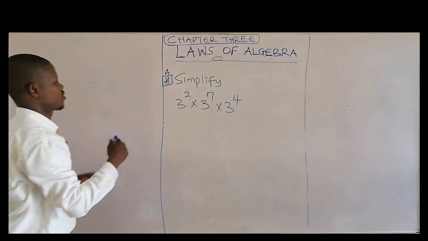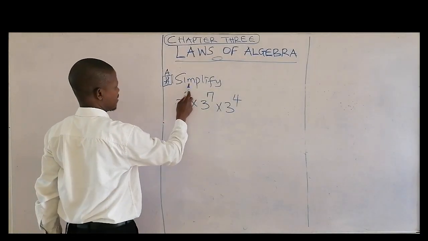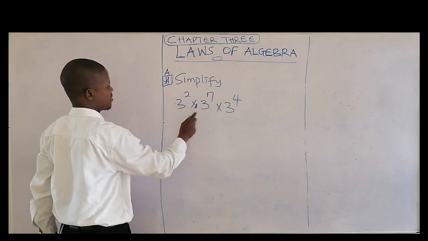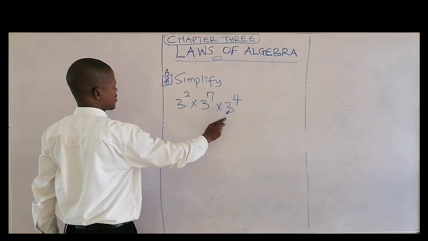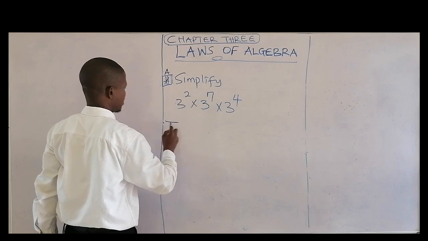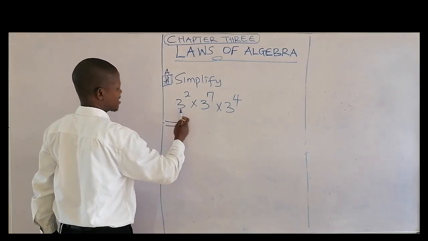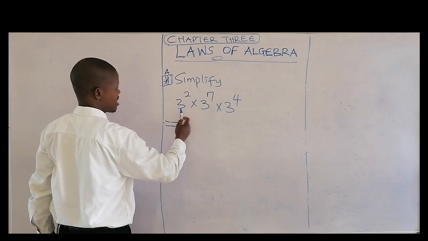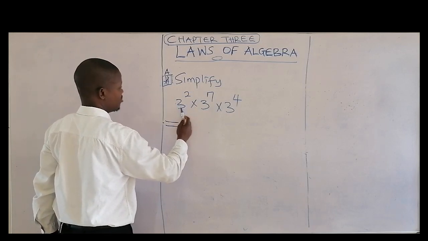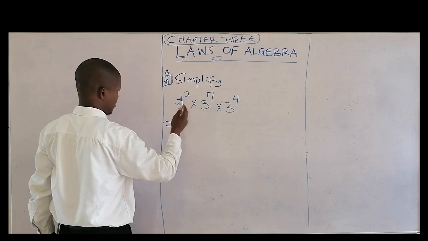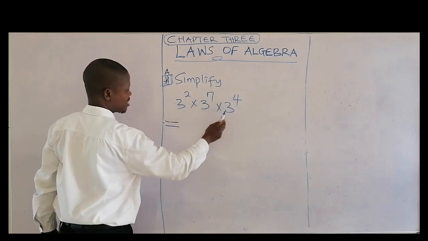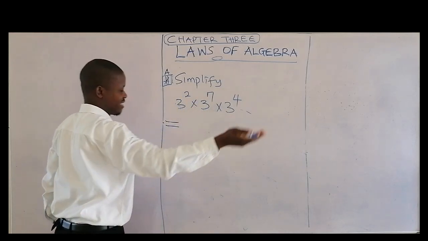Yeah, the next question we have is simplify 3 to the power 2 times 3 to the power 7 times 3 to the power 4. Okay? Sometimes you can have as many bases as possible. You can have 1, 2, 3, you can even have 4, 5, 6.